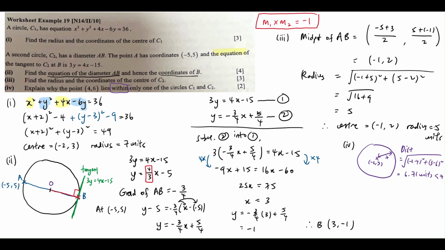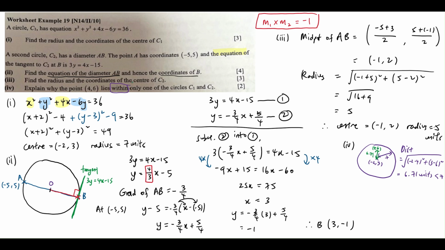What it means is that the radius here is 7. If it's less than 7, which means your (4, 6) is inside the circle because the distance is less than 7. Okay, so (4, 6) lies within circle C1.